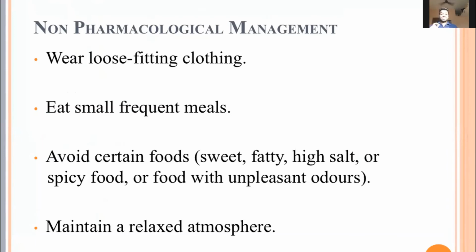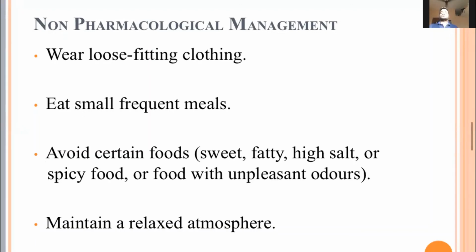Then avoid certain foods like sweet, fatty foods, highly salty food, some spicy foods, and food that has a very unpleasant odor. If they avoid such food, that can decrease the chances of vomiting or nausea.